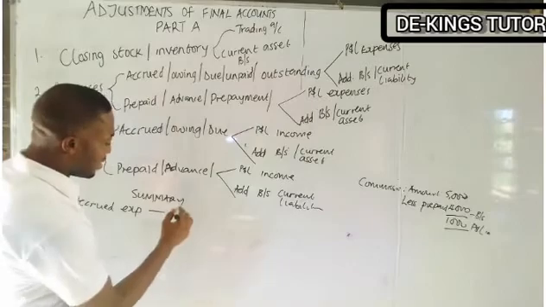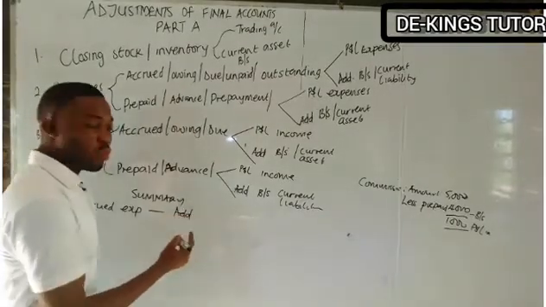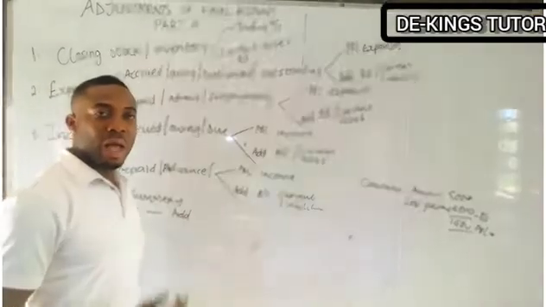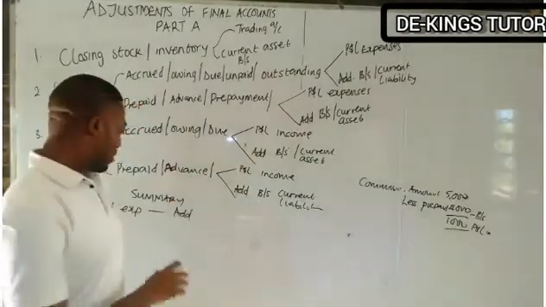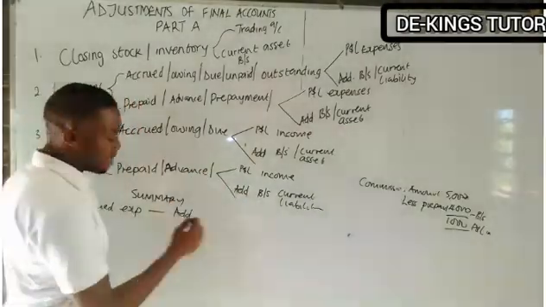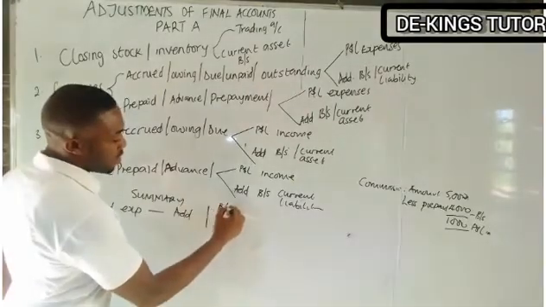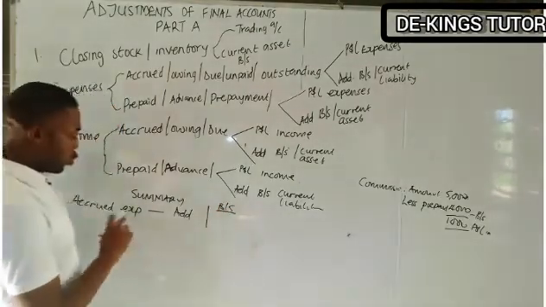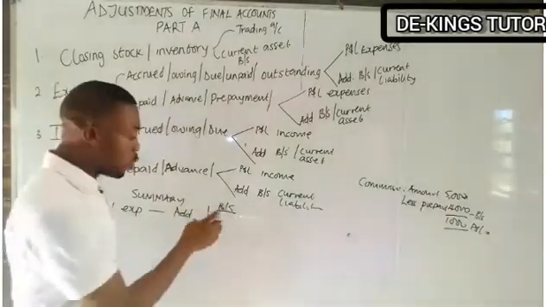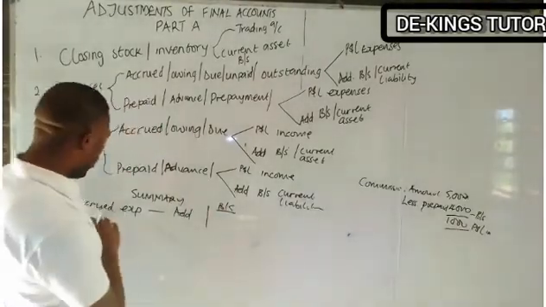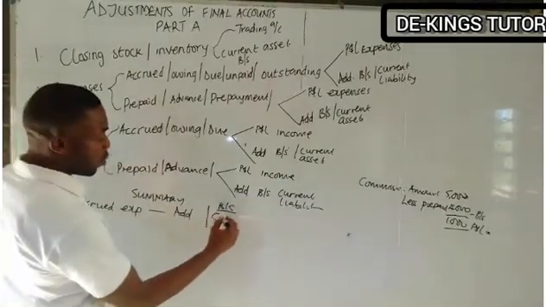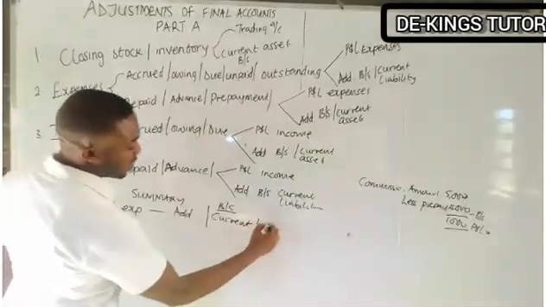You add it to the one in the trial balance and post the totals to the profit or loss account in the expenses as expenses. Why the one in the balance sheet? For accrued expenses, the one you post to the balance sheet is the one under additional information. Okay, so the one under additional information will be posted to the current liability.